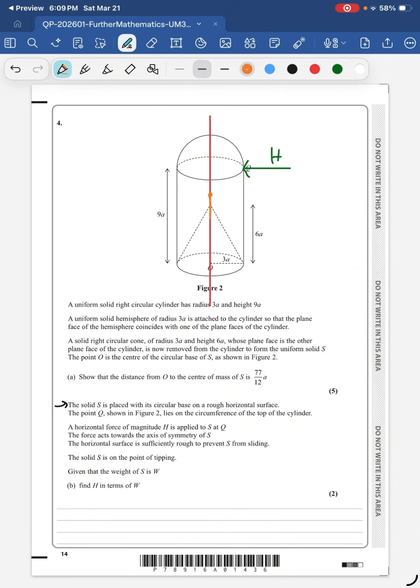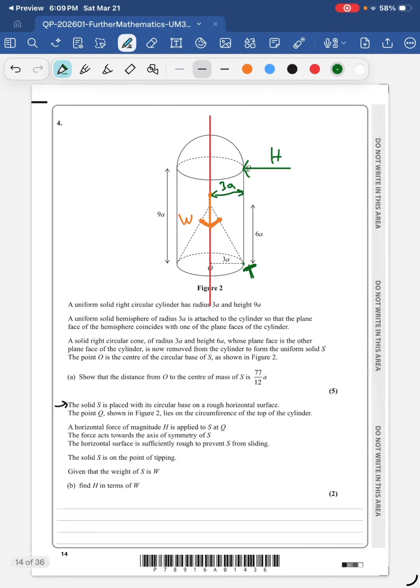So the mass acts from there, right? So that's the weight, and we can take moments about this point, the tipping point, right? So H is 9a away from the tipping point, and then the weight is simply 3a from the tipping point. So let's call it T, the tipping point.